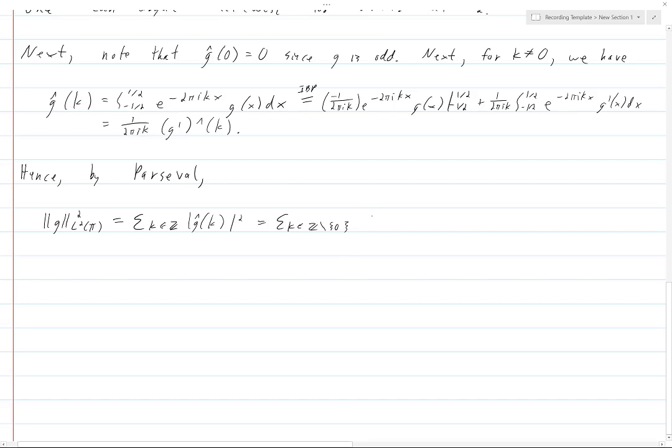For the other terms, when we square, we get 1 over 4 pi squared k squared times g prime hat of k squared. But now this is less than or equal to 1 over 4 pi squared times the L2 torus norm of g prime squared.